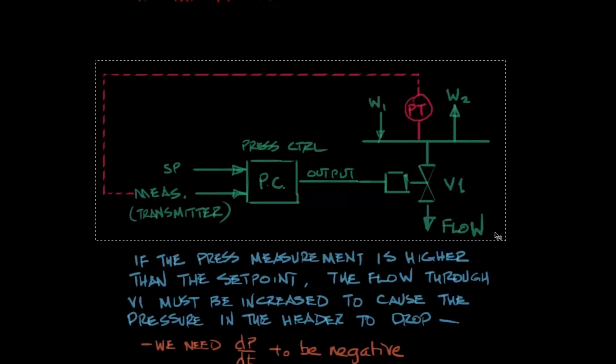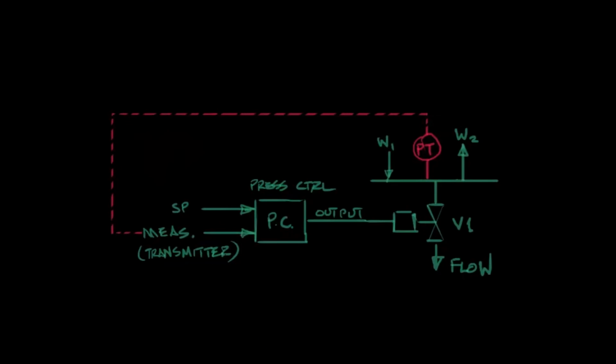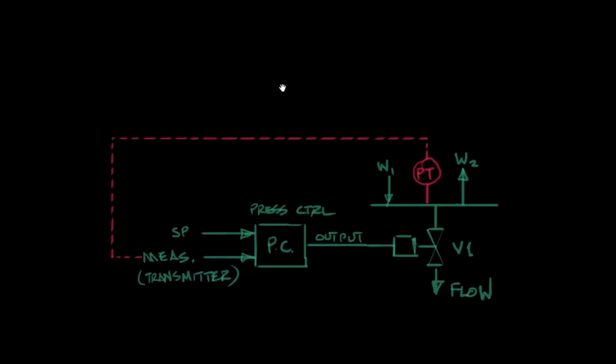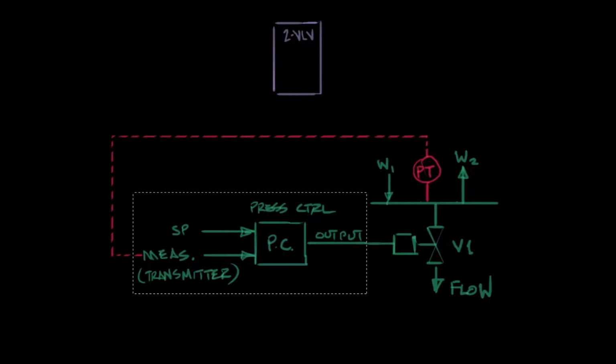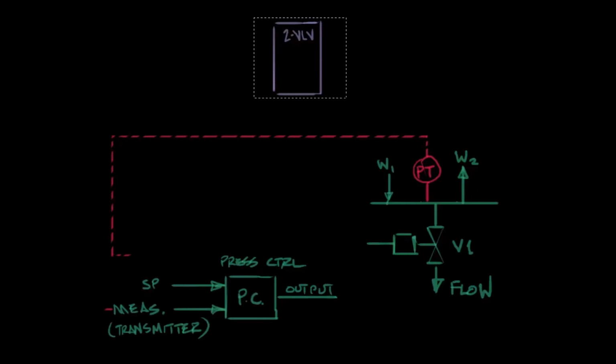So now let's take this pressure controller example and integrate it into the two-valve algorithm. When we have the two-valve algorithm in play, it controls the valve positions on the steam turbine. We don't directly send the output of any controllers to the V1 or V2 on the turbine.